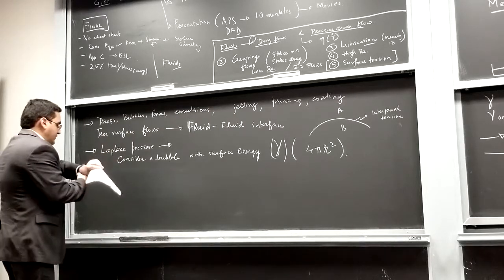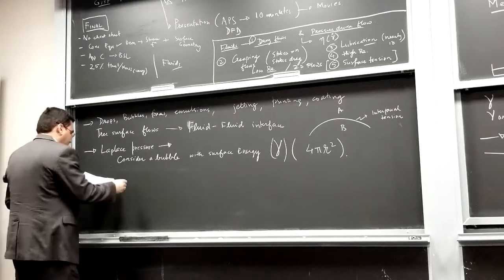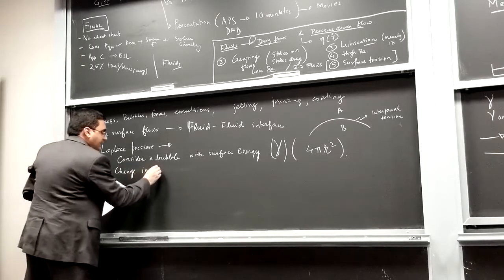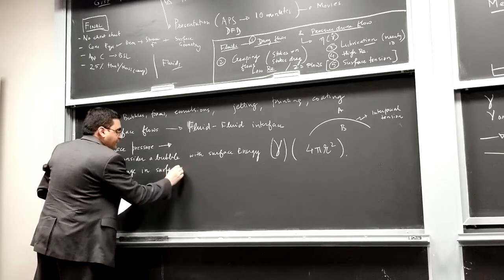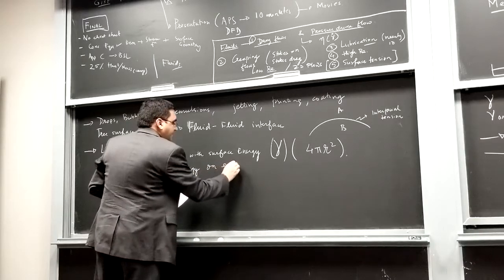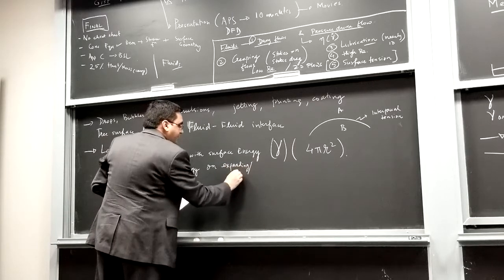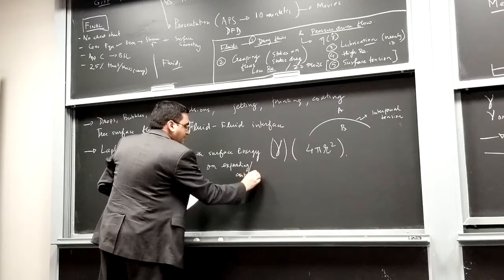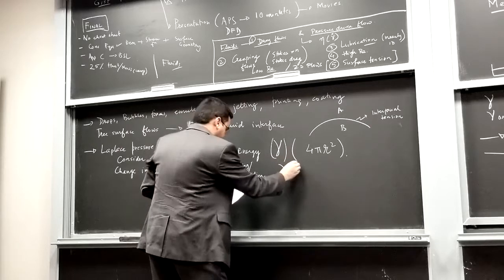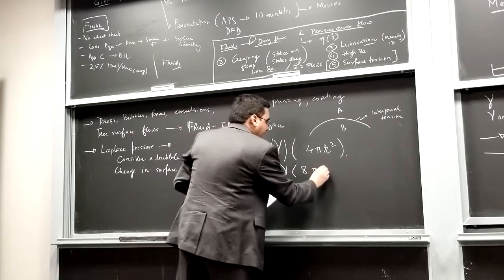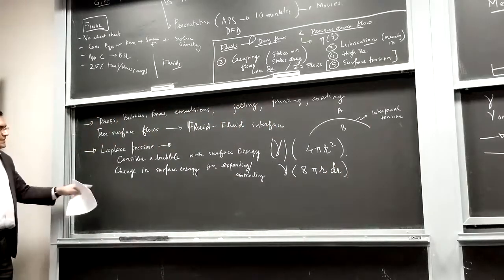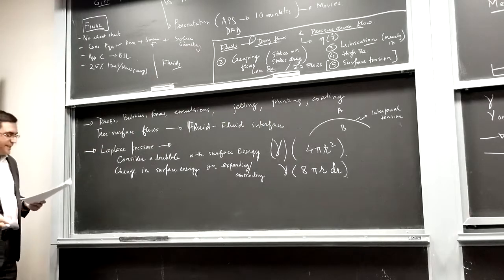Now, the change in surface energy or total energy on expanding or contracting the bubble is going to be given by surface tension times a differential area, and so that becomes 8 pi r dr. So this is the change in surface energy on expanding or contracting.